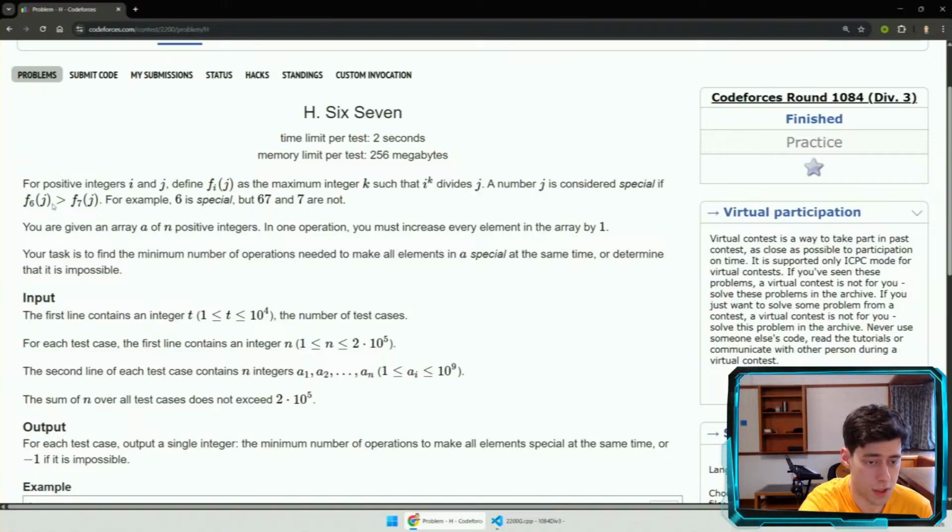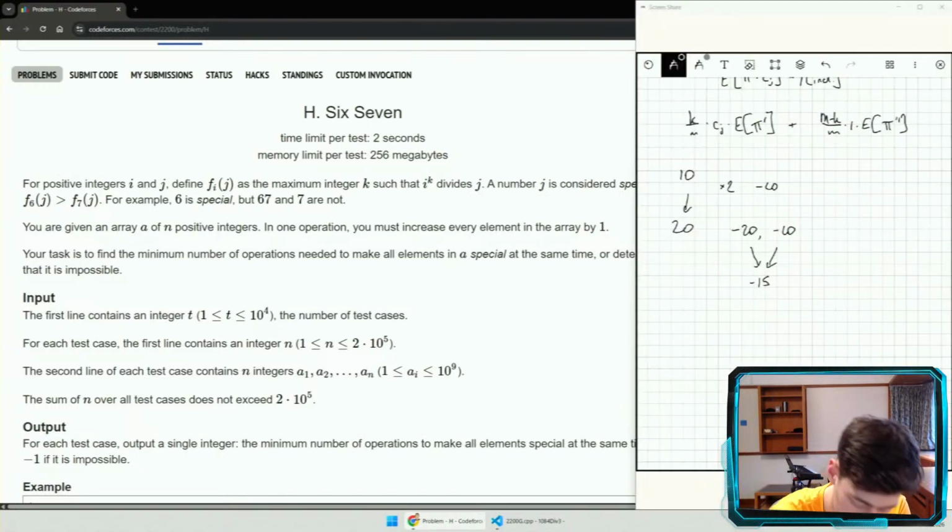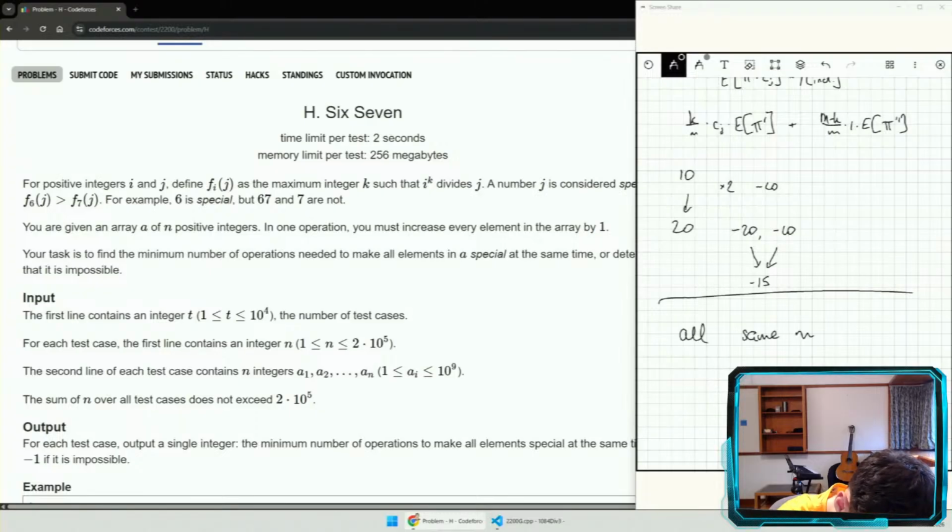So the number has to be divisible by 6, right? So we print -1 if they aren't all the same mod 6, because all the numbers need to be the same mod 6, otherwise it's -1.